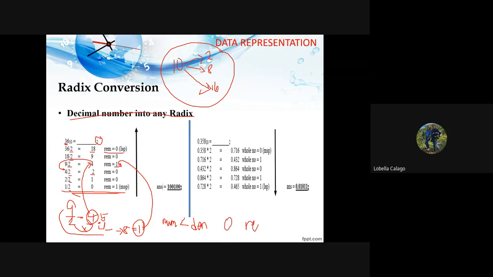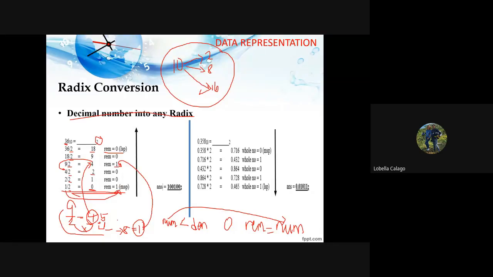Ang remainder natin is your numerator. Yan po yung magiging remainder. That's why 1 divided by 2 is 0. The remainder is yung numerator, which is 1.